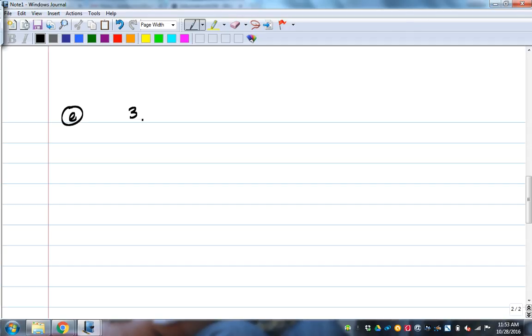Let's say we had 3/4 x is less than or equal to 9/16. You knew some fractions were coming. The reciprocal would be 4/3.